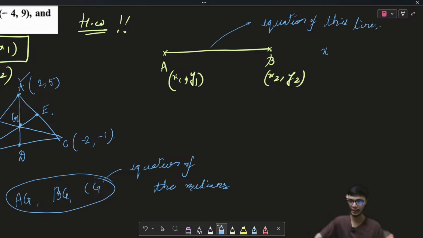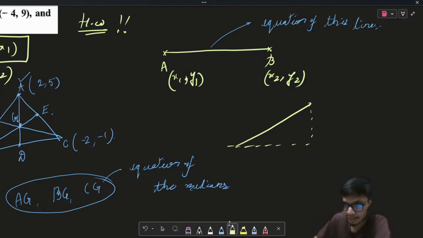This can be easily done. What I will do is first obtain the slope of the line, right? As you can see, the line is almost a horizontal line, so let me make a line like this. How do we find the slope of the line? By completing a right angle triangle. For this particular theta, tan of theta is my slope, and that is given by this distance, which is y2 minus y1 divided by x2 minus x1.